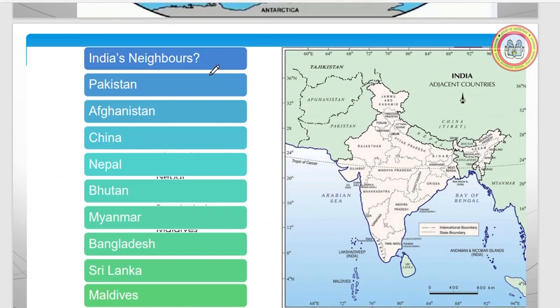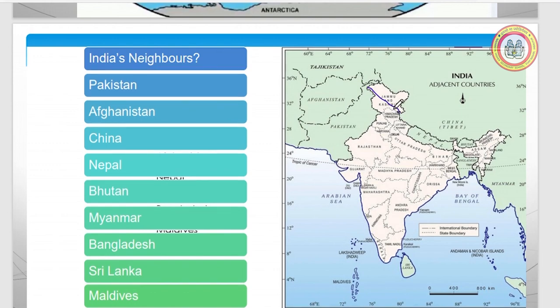India's neighbors. India has 28 states and 8 union territories. Earlier, Jammu and Kashmir was a separate state, but now it has been divided into 2 union territories, Jammu and Kashmir, and Ladakh.